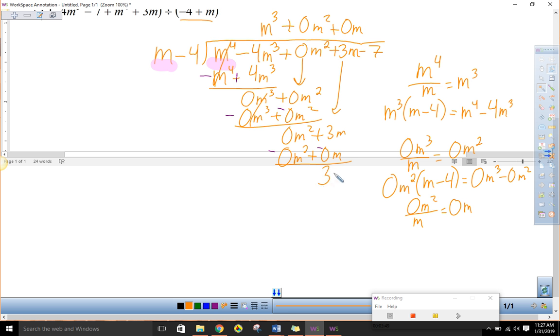But now we finally get a number again. So what do we do now? Which gives us 3. You don't have to do this side work if you don't want to. It's just helping you get the process down.